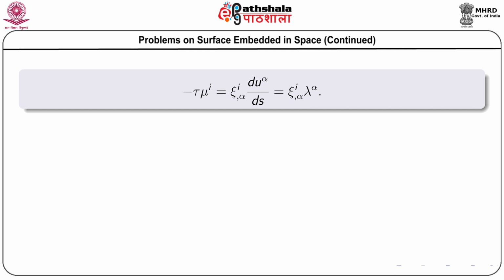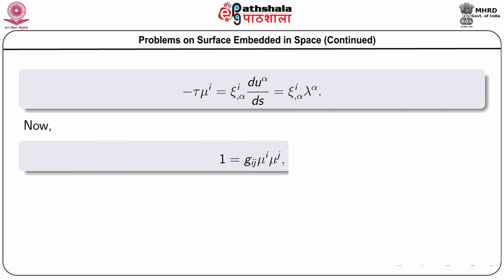So, this becomes xi i comma alpha lambda alpha. Now, we know that mu i, the components of the principal normal, are the components of a unit vector. So, g ij mu i mu j equals 1.